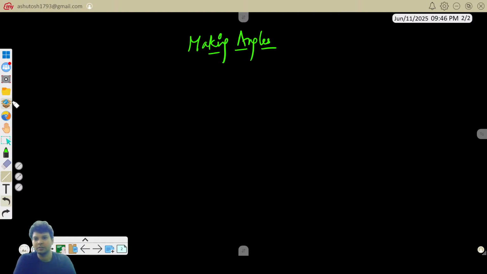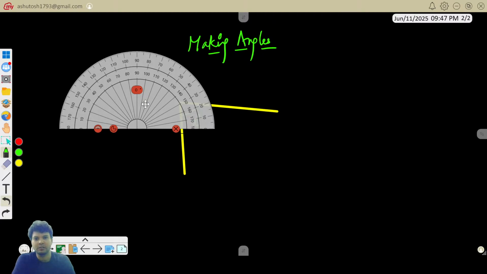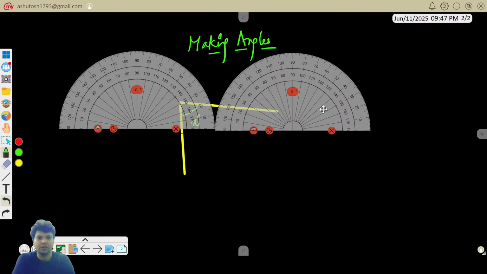Let's say I make this thing. Now I tell you to find the value of x degrees. How can you do that? Just go and take a protractor. Not two protractors. One is sufficient.